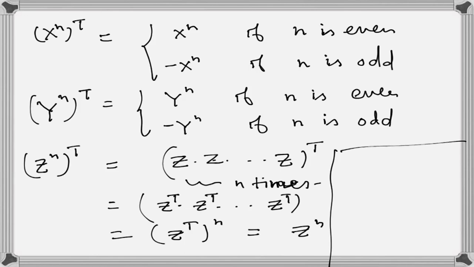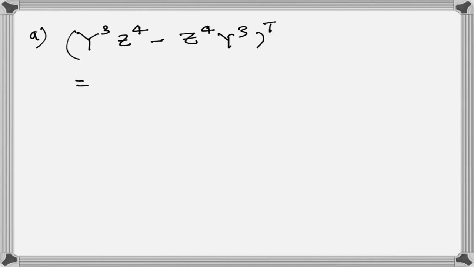So we have Z to the power n transpose is equal to Z to the power n for all n. Okay, so let's use these relations in proving all these four parts.